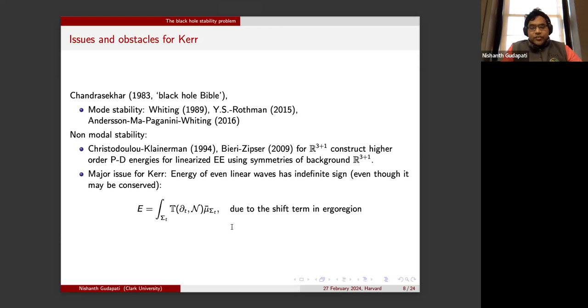I want you to focus on the second point there. So even for the linear wave equation, let's forget about gravitational perturbations or Maxwell perturbation. Let's start with the linear scalar wave equation propagating on the Kerr black hole spacetime without any symmetry. You can clearly see that the canonical energy that you construct for that has an indefinite sign.